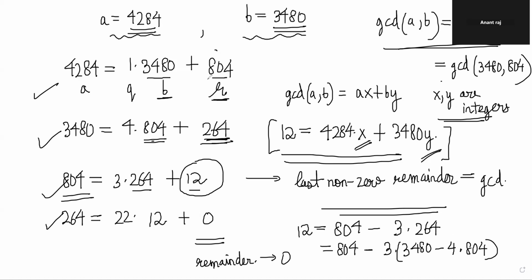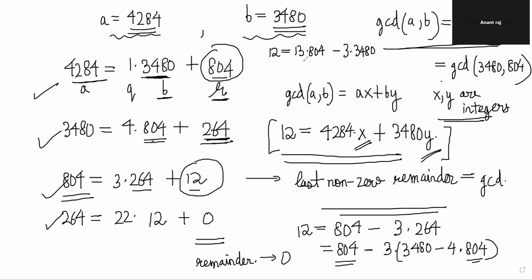Then 804 we will replace from here. Notice that 804 has come multiple times now. You will get 12 is equal to, so far you have gotten 12 plus 1, 13 times 804, minus 3 times 3480, right?